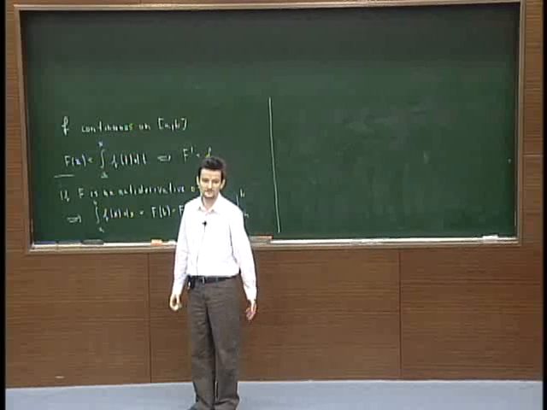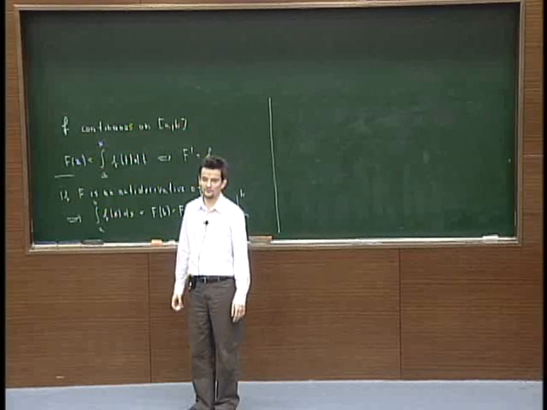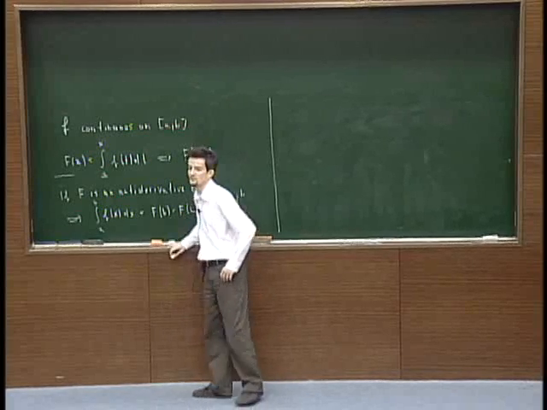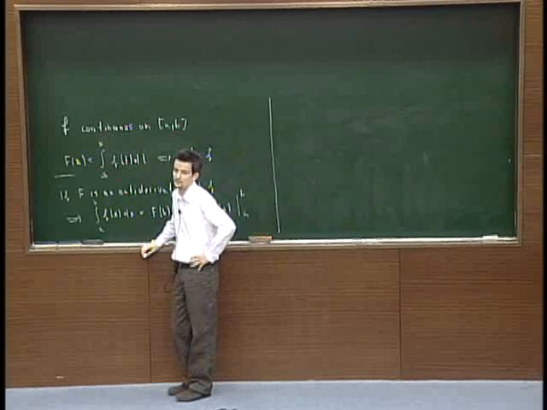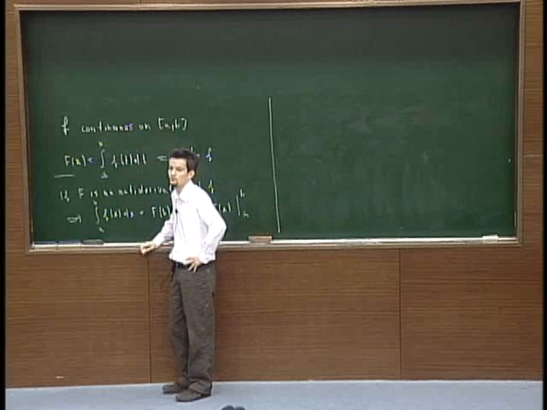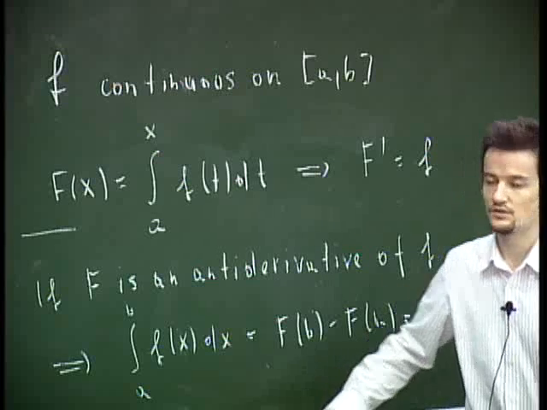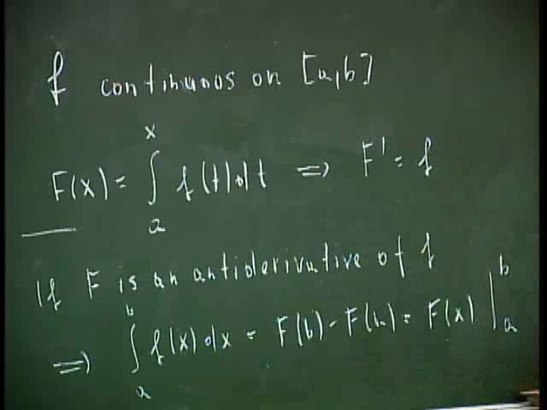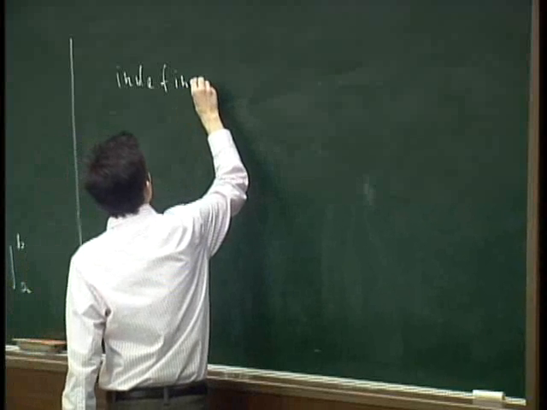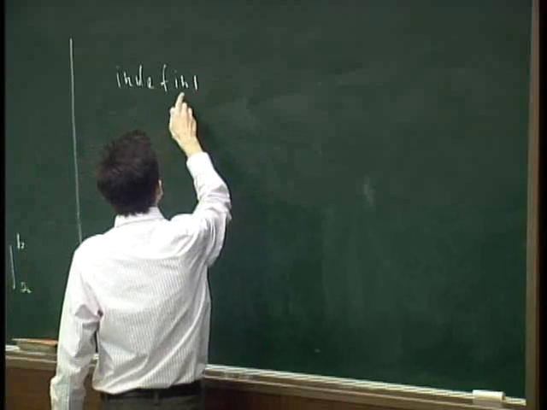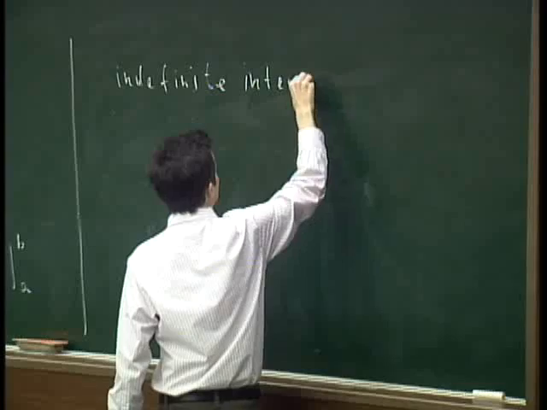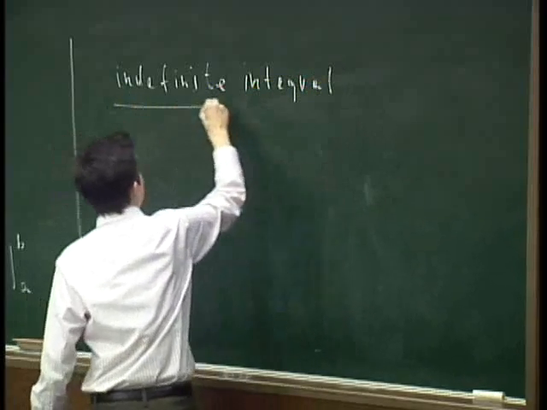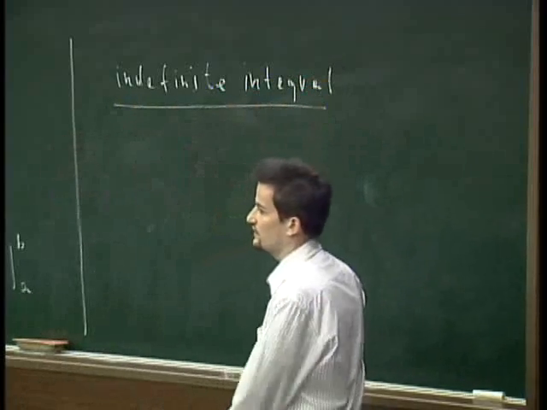And the reason why I haven't used this notation from the beginning is because this result motivates using the integral sign also to denote antiderivatives. So the indefinite integral is just a notation for an antiderivative.